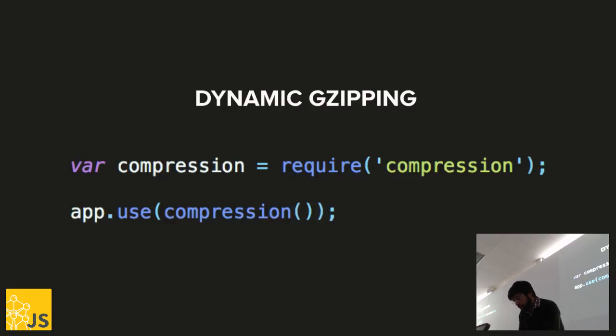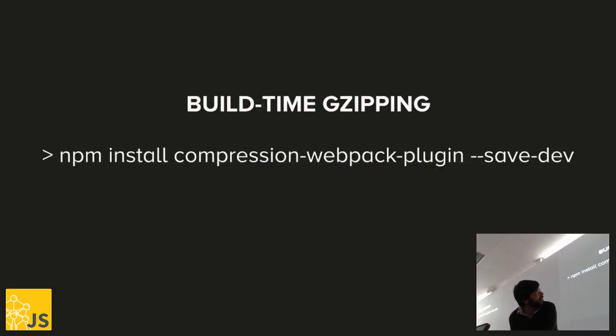Instead, you can do build time gzipping. Build time gzipping is simply creating a gzipped version of your bundle during build time, and then serving it out to the client instead of using a compression middleware in your application layer. There's this plugin, which is a third-party plugin, not built into Webpack. It's called Compression Webpack plugin.